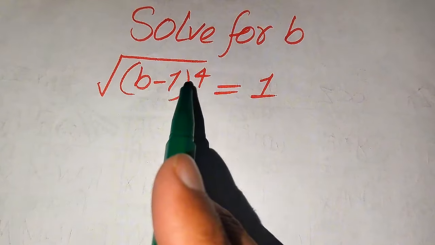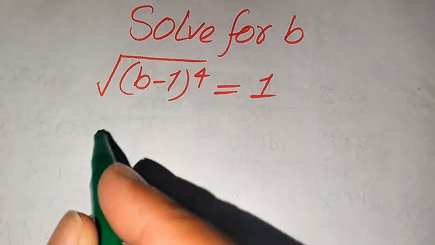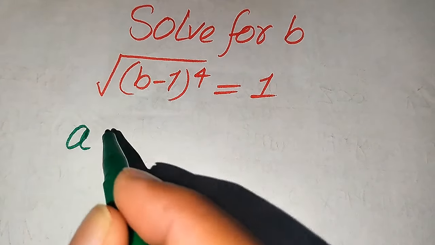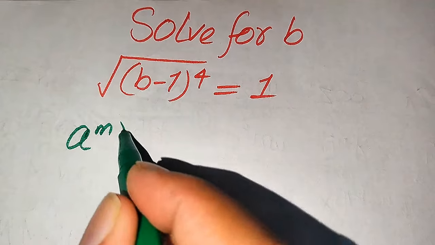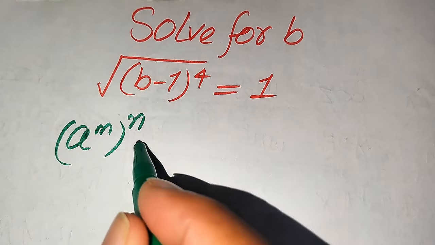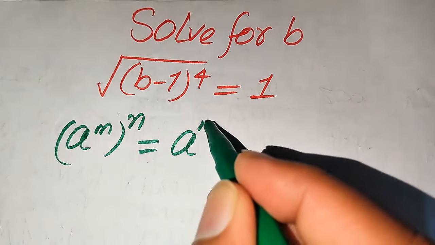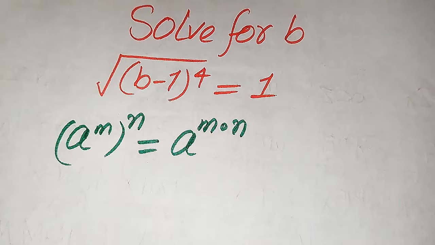So we write this term as, here we use this nice exponential law. You know about that, if we have a to the power of m to the power of n is equal to a to the power of m multiplied by n.